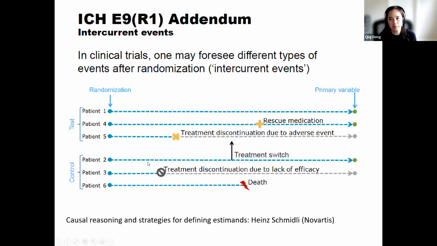But this is really problematic because if a subject discontinues the treatment due to adverse events, that means this drug is really not working for this subject, right? They cannot tolerate the drug. Then this is a very important piece of information you want to consider.